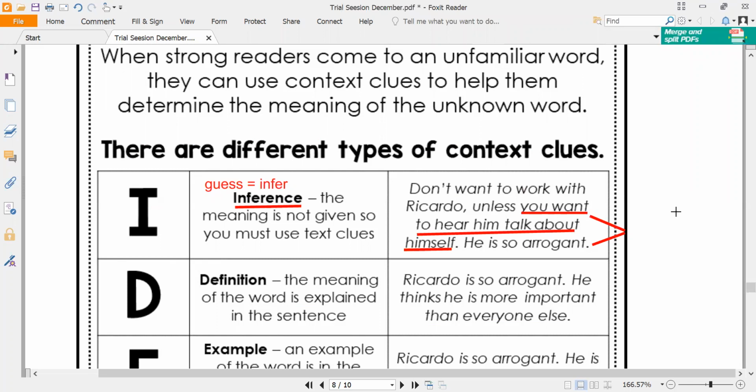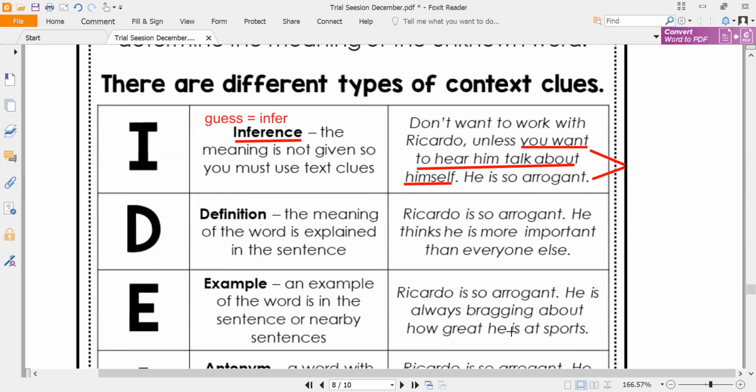Now I can guess the meaning of arrogant: somebody always talking about himself, with no respect for others, only respecting himself. Okay?